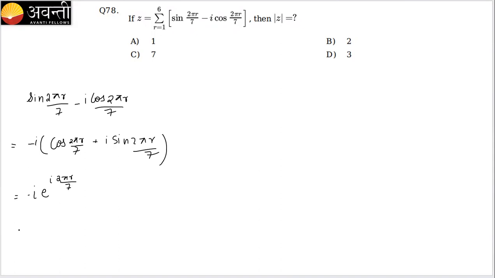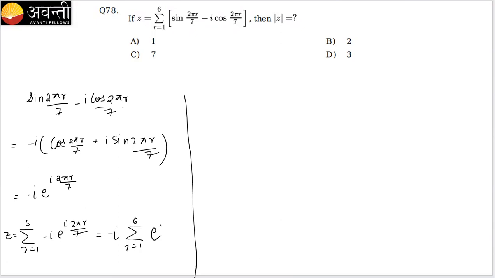So we want summation of z, right? r equals 1 to 6 of minus i e raised to i 2 pi r by 7. That means I can take i outside because the summation is on r. So r equals 1 to 6 e raised to i 2 pi r by 7. Now what does this mean?